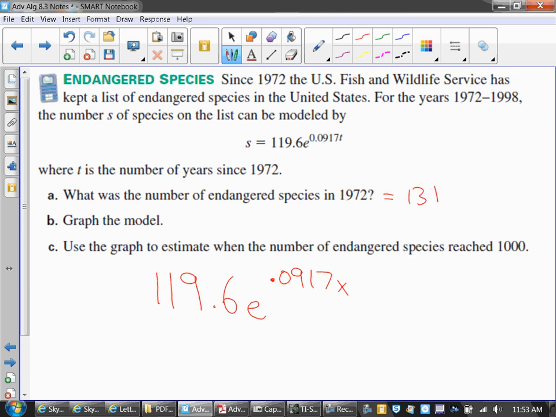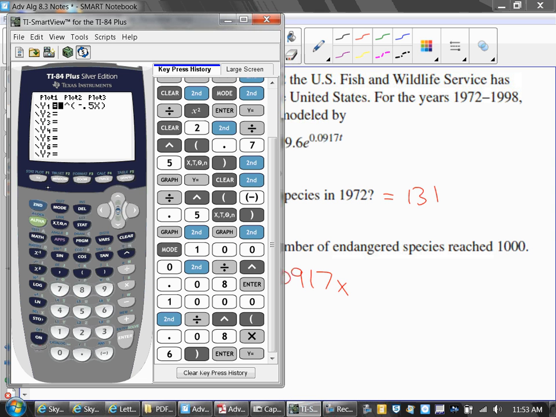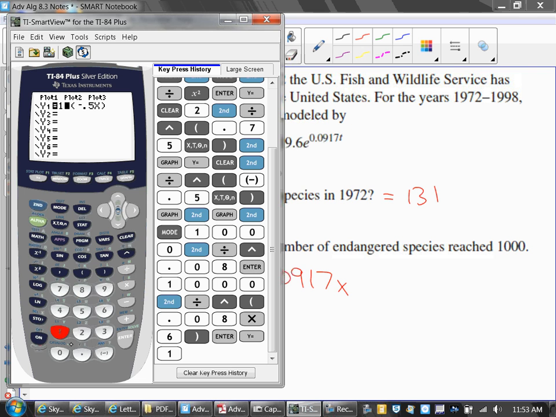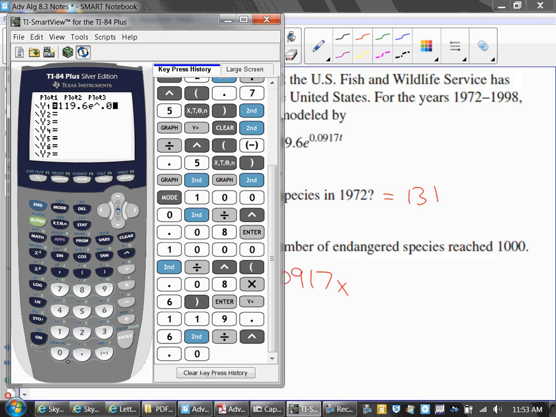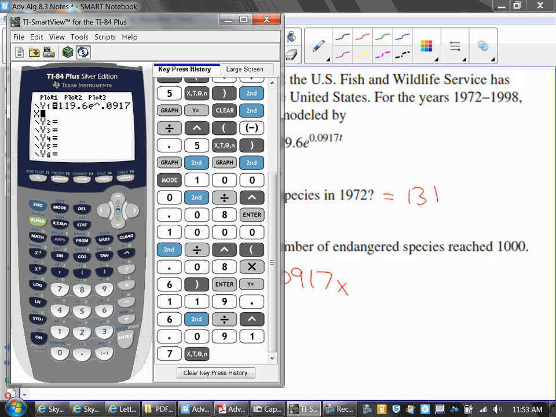So in the calculator, we have y equals 119.6 e to the 0.0917x. Oh, I didn't get parentheses in there.